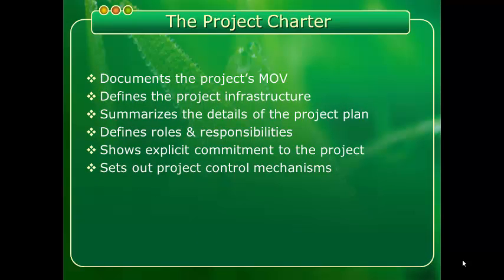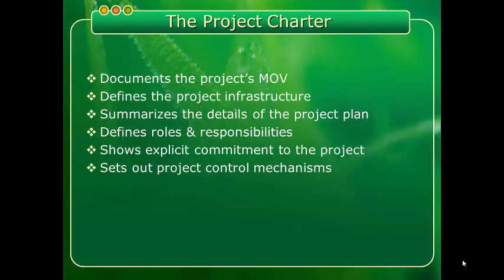The third one is documents the project's MOB. I think we should have a list, a document, or somebody taking notes, just to make sure that we have written documents or references.